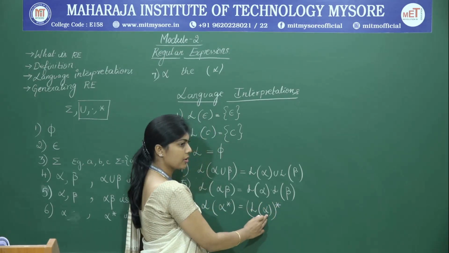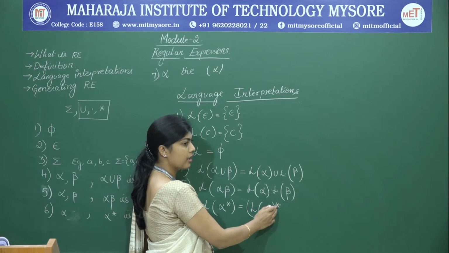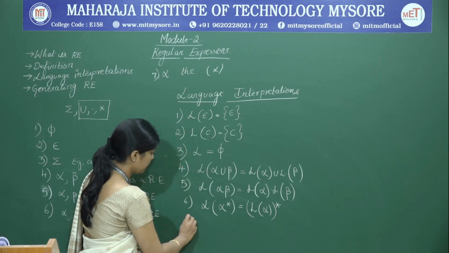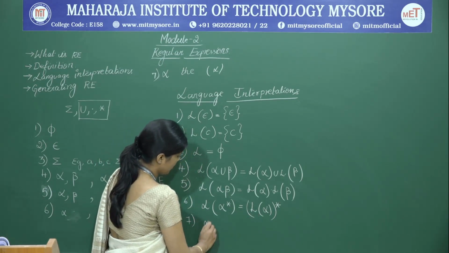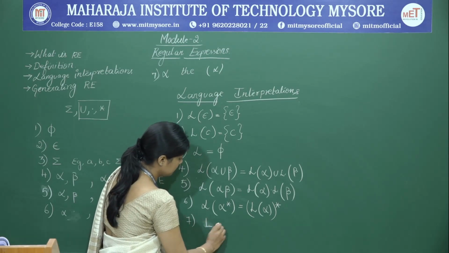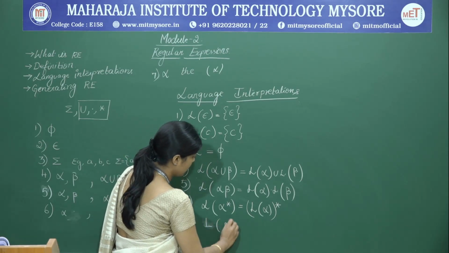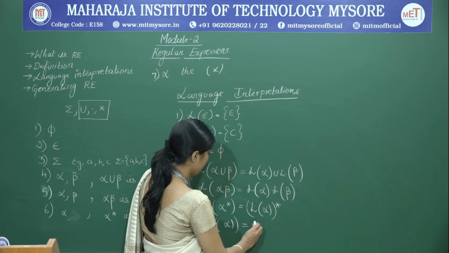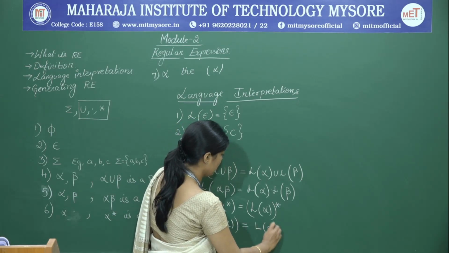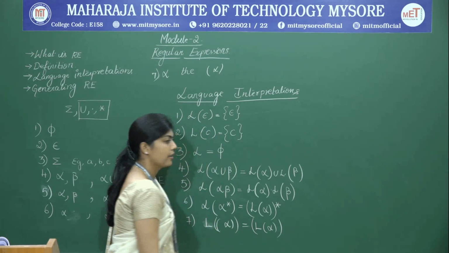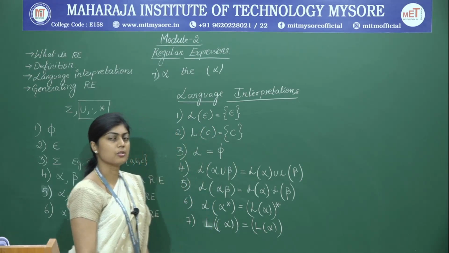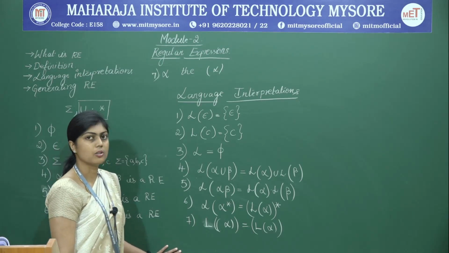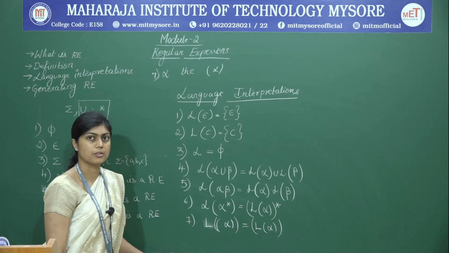L of alpha is easy for us to frame, and we put a Kleene star on all the strings within L of alpha. Next, in case we have L of alpha within brackets, then it is as good as saying L of alpha, because the brackets do not make any change to the regular expression. So, these are the language interpretations that we can do for regular expressions.